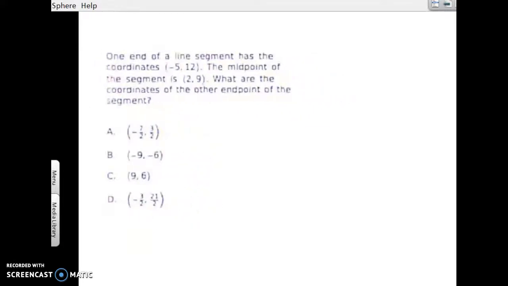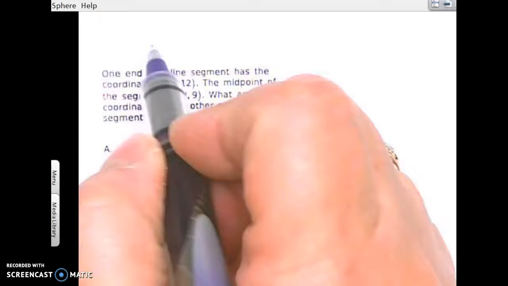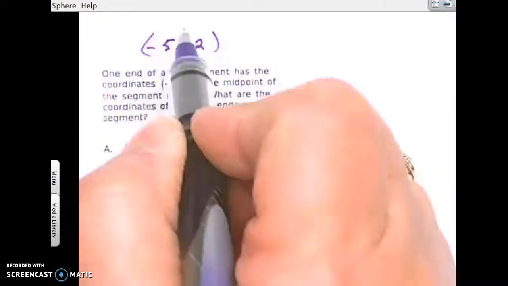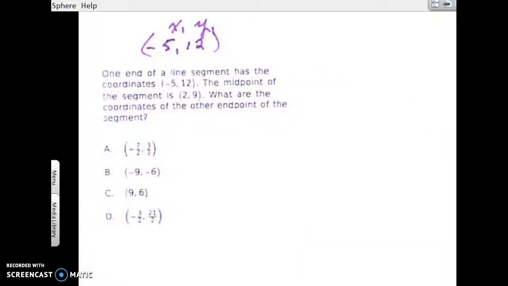If you're looking at question number 2, one end of a segment has the coordinates -5, 12. The midpoint of the segment is 2, 9, and I want to know what are the coordinates of the other end point of the segment. I would use that point -5, 12 as my x1, y1, and I would use my midpoint formula and maybe use my answer choices to help me out.